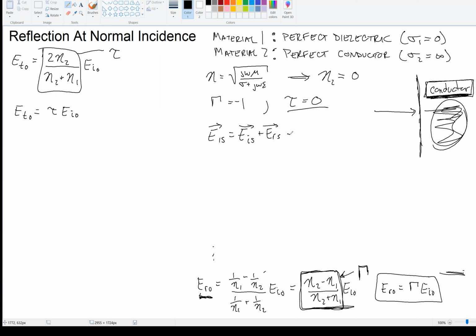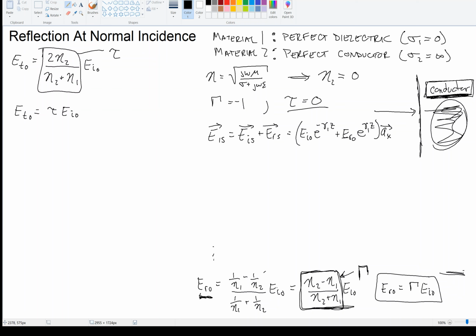I can rewrite that as E I0 e to the negative gamma 1 z, so that's the incident part. Then I have the reflected amplitude times e to the positive gamma 1 z, because this thing is moving in the opposite direction: negative z moves to the right, positive z moves to the left. And the electric field is pointing in the x direction, like that.